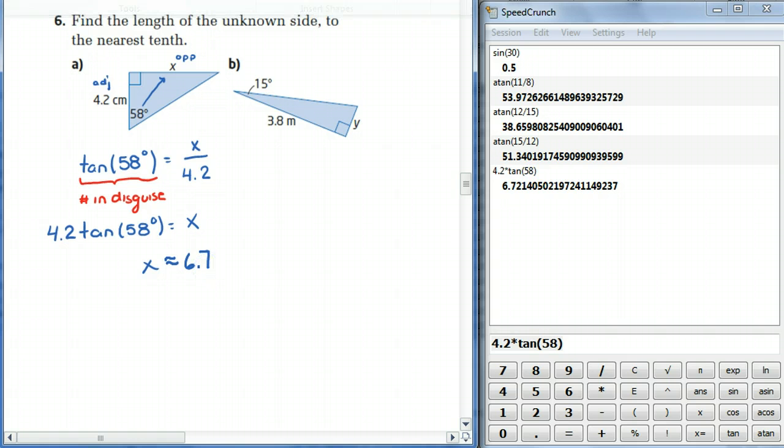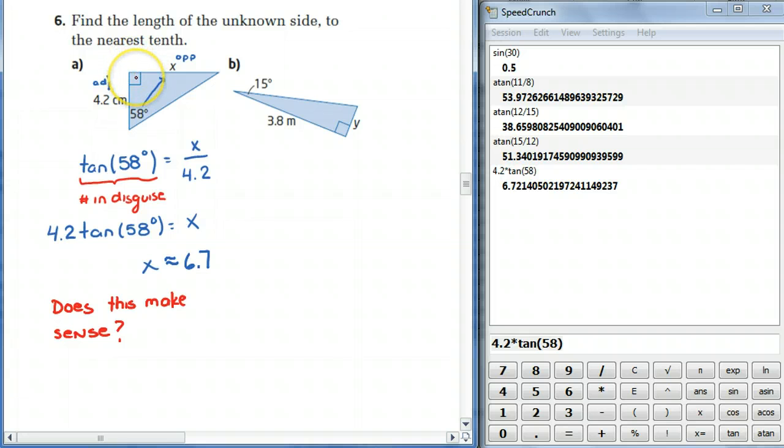Now, like any math question, at the very end I want to ask myself, does this make sense? Those of you that have been watching my other videos have heard me say this a number of times, but remember, a nice thing about triangles is that the largest angle is across from the longest side. So the hypotenuse is the longest side, and it's across from the 90-degree angle, the largest angle in a right-angle triangle.